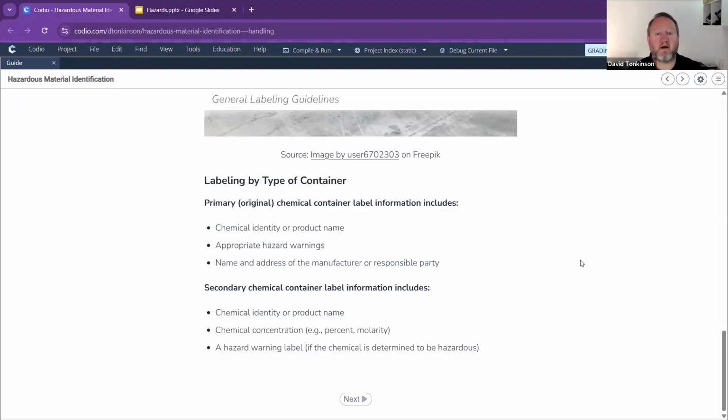Okay, we normally take a 100% concentrate for our windscreen washers, and we dilute that, for example, 1 litre into a 5 litre canister where we've got 1 part of the de-icer, and then we've got 4 parts of water, giving us essentially a 5 litre jug. So when we're in a data center, we need to mention the concentration on that. And then again, we need the hazard warning label, okay, if the chemical is deemed to be hazardous.